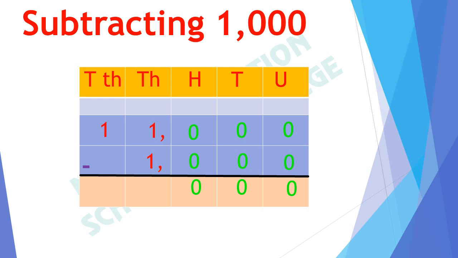Then we move towards the thousands. In the thousands column, we have to subtract 1000 from 1000. If we take away 1000 out of 1000, we get 0.